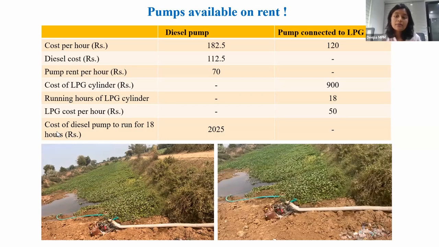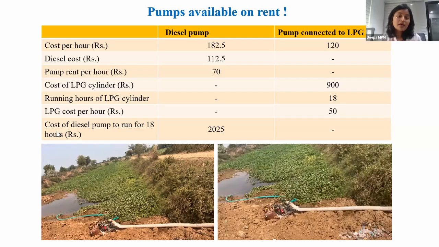In that way, the cost per hour is about 50 rupees. And the person who is renting out is making a greater profit margin, and the person who is taking it on rent also benefits, because it is comparatively cheaper than diesel.